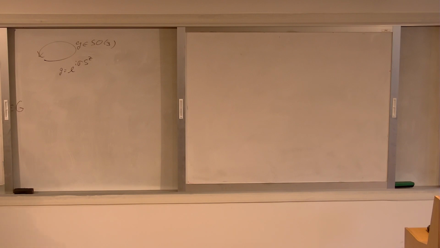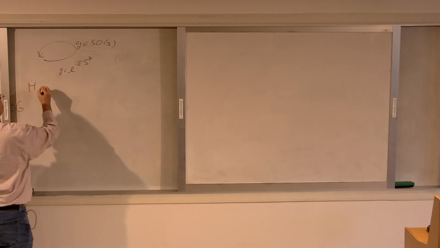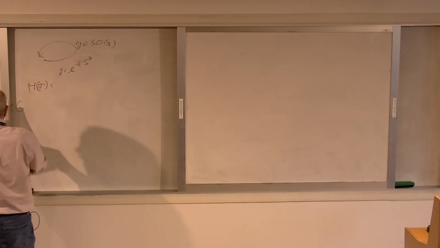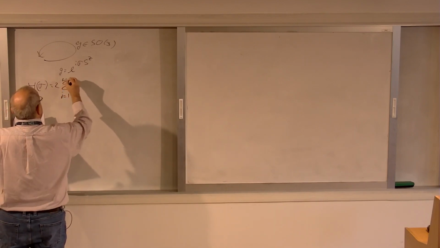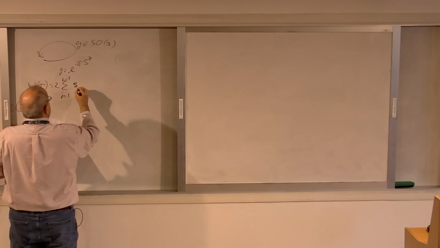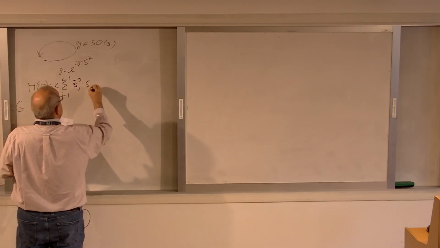So I'm going to write the Hamiltonian, which depends on sigma. I'm going to write it as 2 sum over j from 1 to L minus 1 of Sj vector dot Sj plus 1.